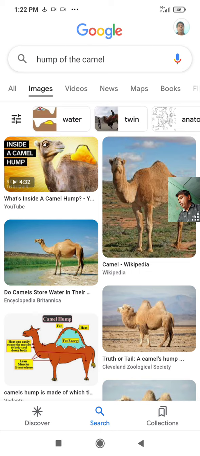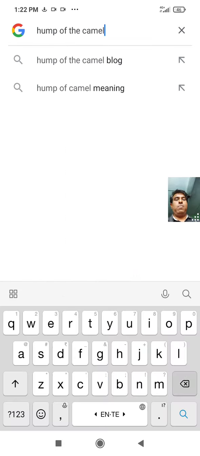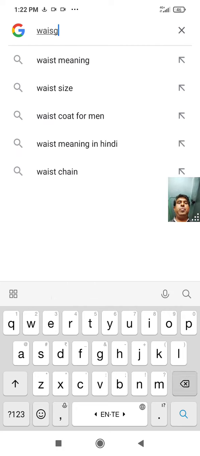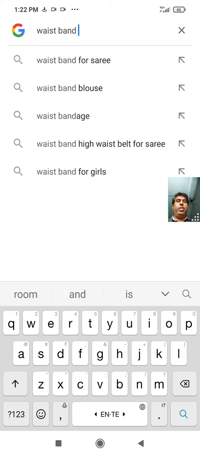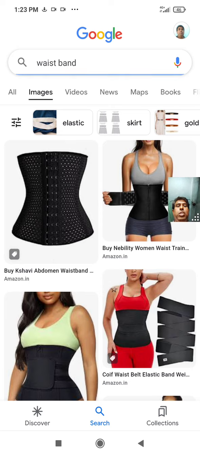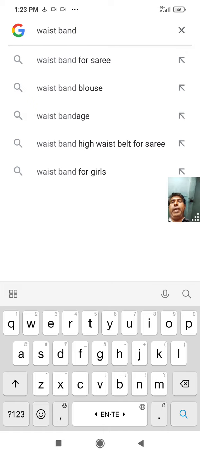So waistband and hook eye closures. Because these words are new, we have to look in the dictionary. So this is waistband. Everybody knows that. Waistband.